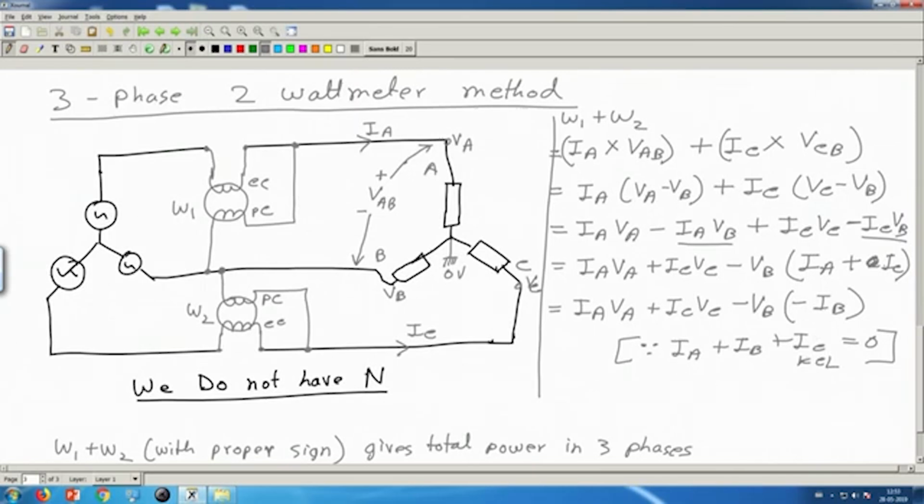So I can write it like this. So therefore this becomes IA VA plus IC VC plus IB VB. This is the power in this phase, this is the power in this phase, this is the power in this phase. So this is the total power.